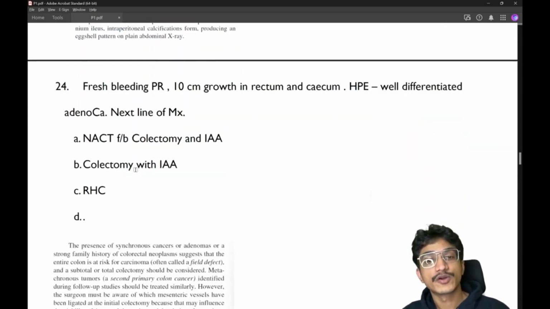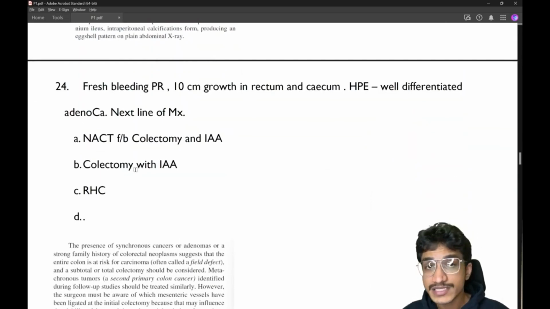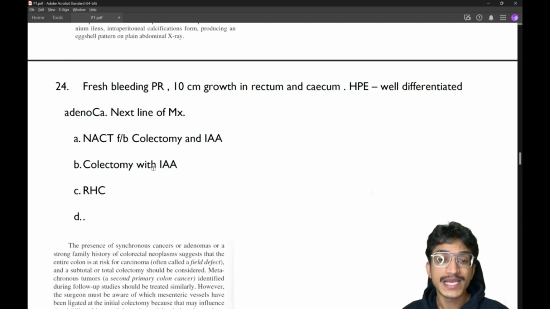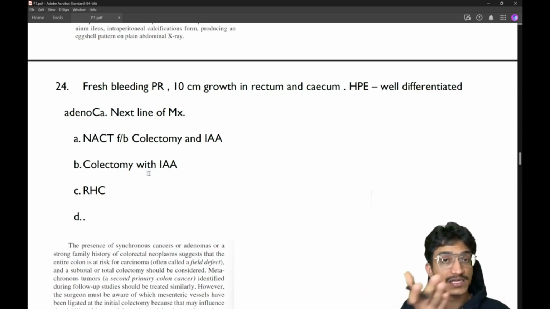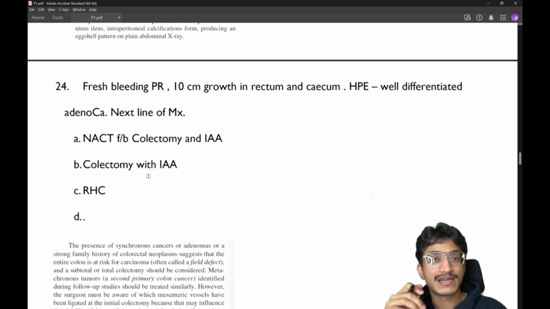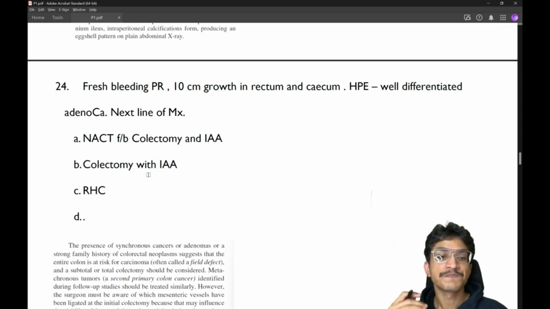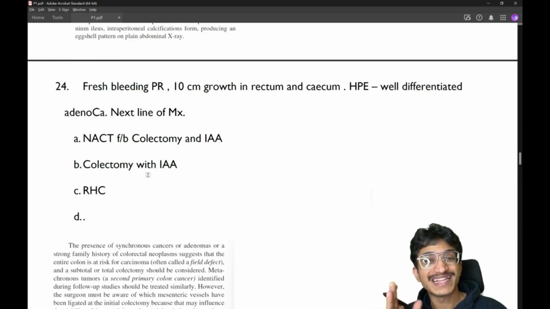A patient with a synchronous tumor both in rectum and cecum with well differentiated adenocarcinoma, and they've asked for the next line of management. According to me, the options are incomplete. If they have total colectomy or proctocolectomy, that should be the option, because it is nearly 10 centimeters above. You can go with a colectomy with anterior resection with an ileorectal or ileoanal anastomosis.